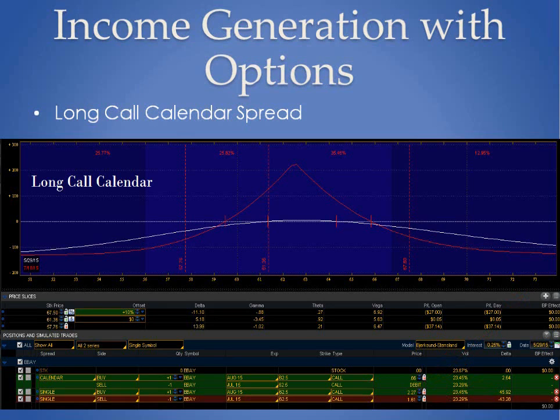That difference is very close to 66. As a matter of fact, this one happened to be right at it. So in this case it would be done correctly, but not to say that I would get filled at those exact prices. So that is the design of the long call calendar spread.